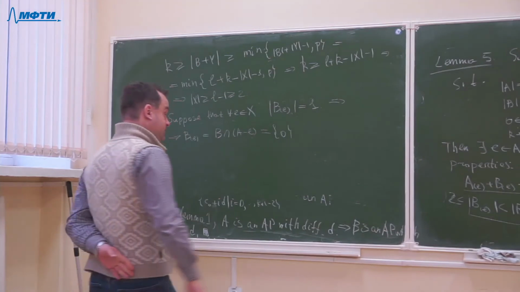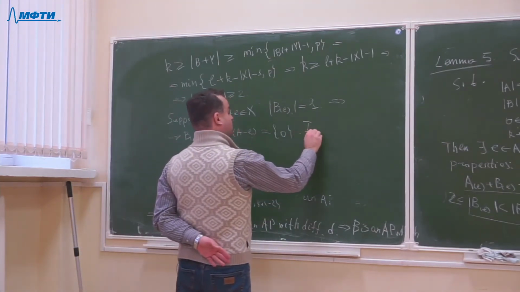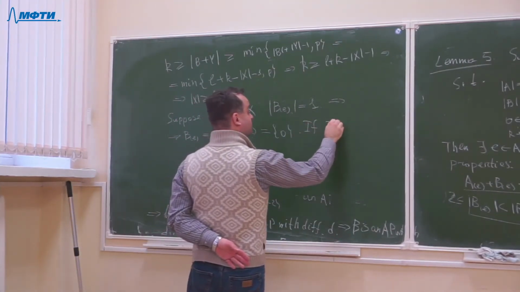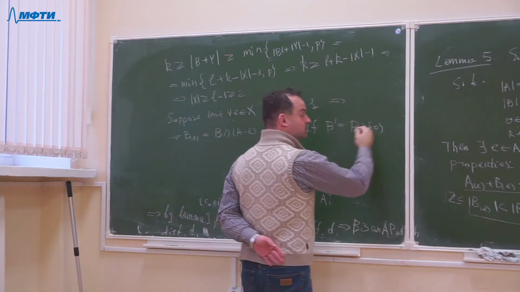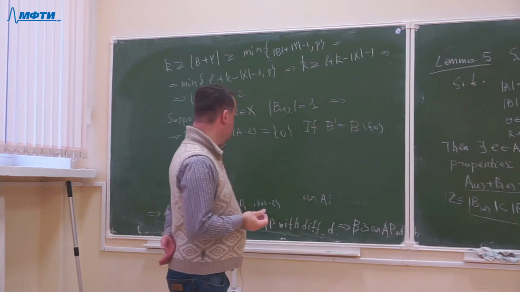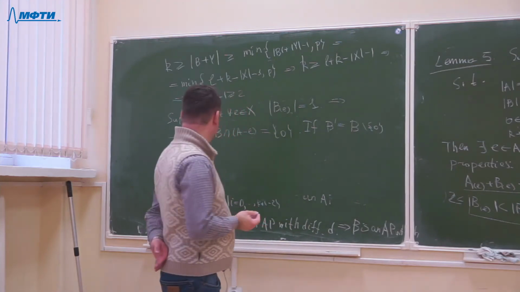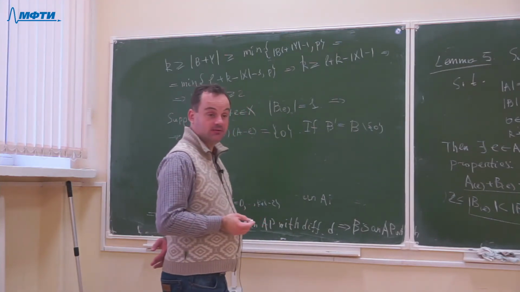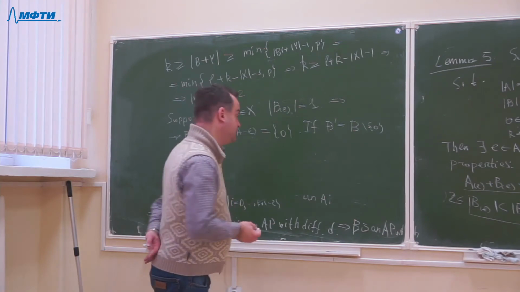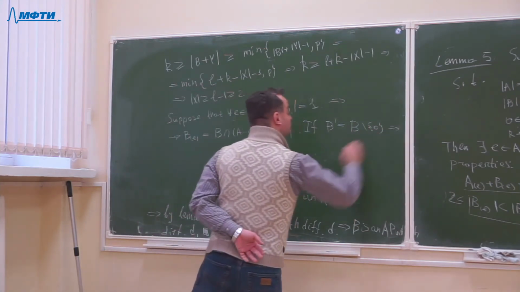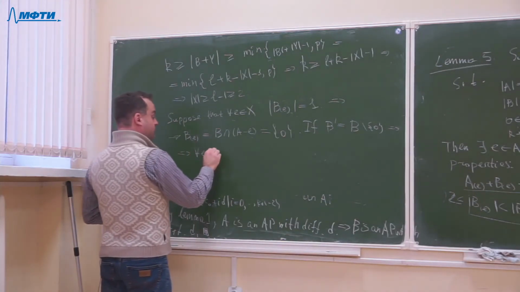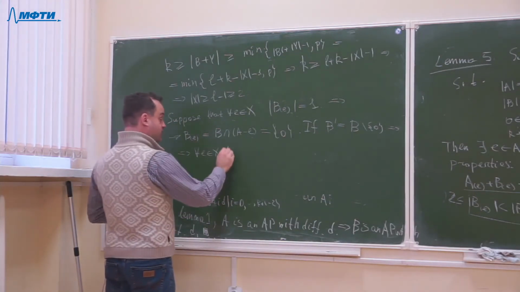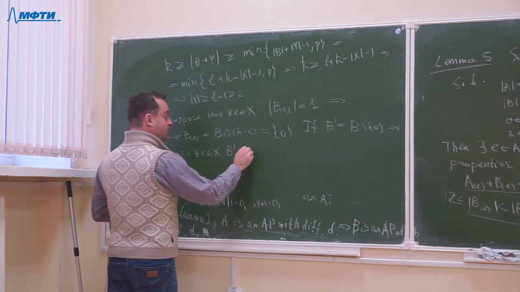If we denote B prime as B without 0, then for any E from X, B prime E is the empty set.